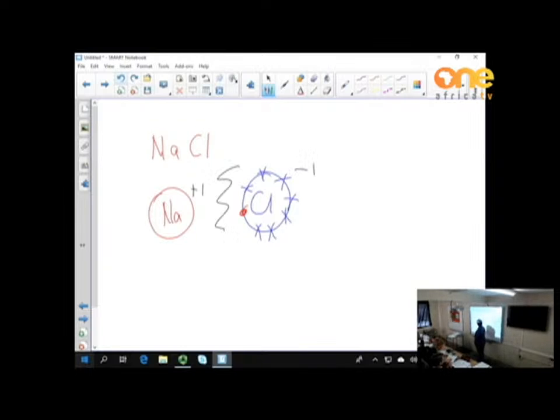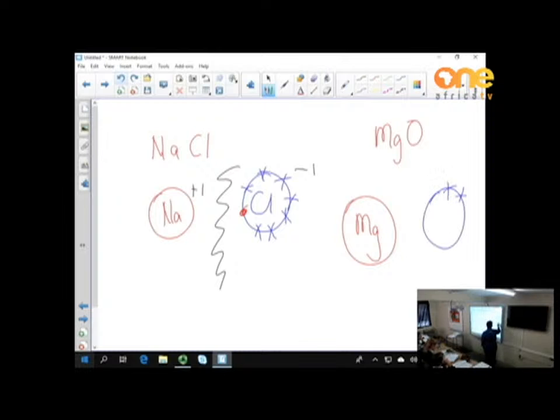What force lies between positive and negative ions? Coulomb or electrostatic forces. And from what we've done previously, we consider these forces to be, relatively speaking, strong. If I had a look at something like magnesium oxide, MgO, I will have a magnesium atom and an oxygen atom.